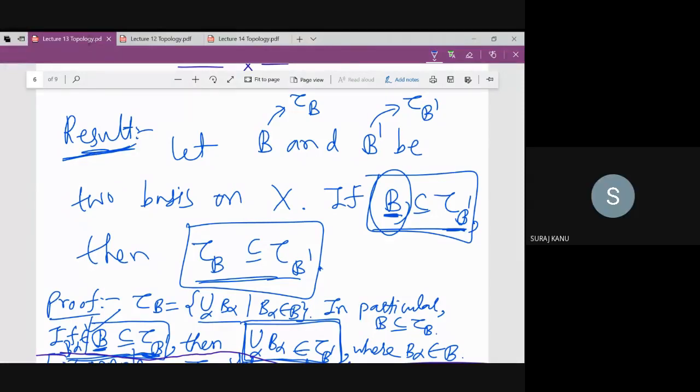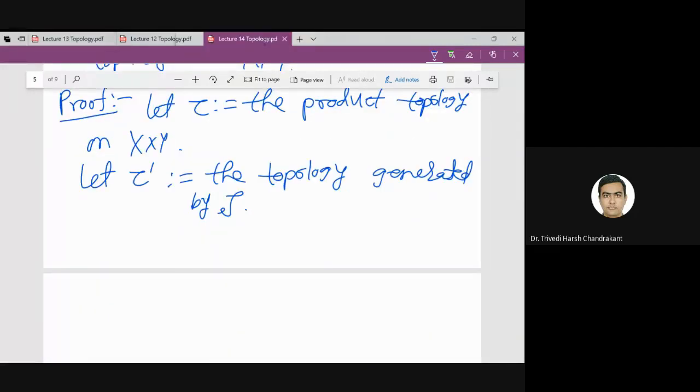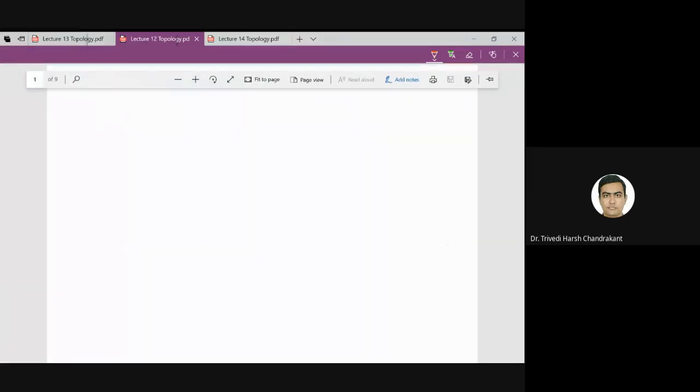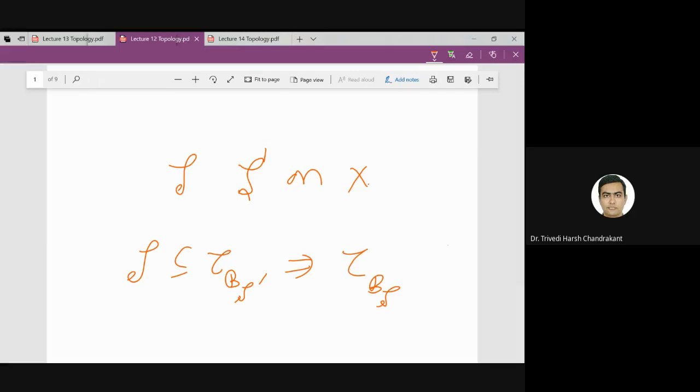Sub basis is also a basis, so it will be true. Every element in sub basis is in the basis, but actually what I want to ask is that if I have sub bases S and S dash on X, then if S is contained in tau of S dash, then can I say that tau of S is contained in tau of S dash?